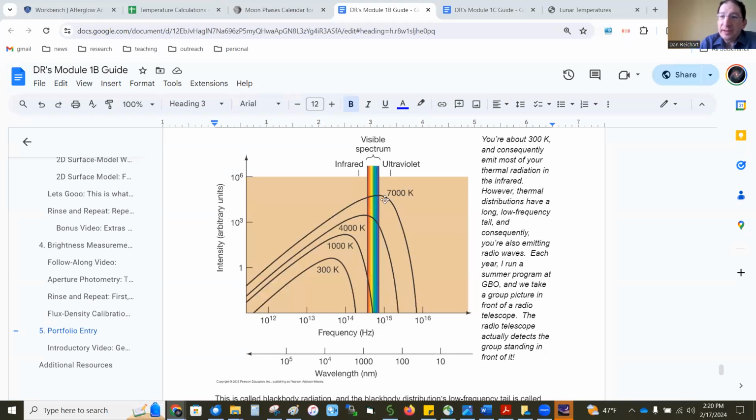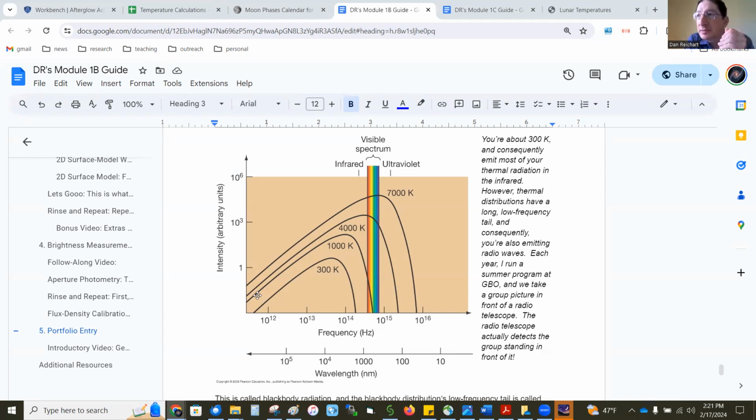Now, at radio wavelengths, we're way down here, away from the peak, in this limiting regime. It's called the Rayleigh-Jeans limit. So if you detect something emitting radio waves and it's a thermal emitter, the brightness that you see depends upon a number of things. It depends on the temperature. The hotter the object, the brighter it will be.